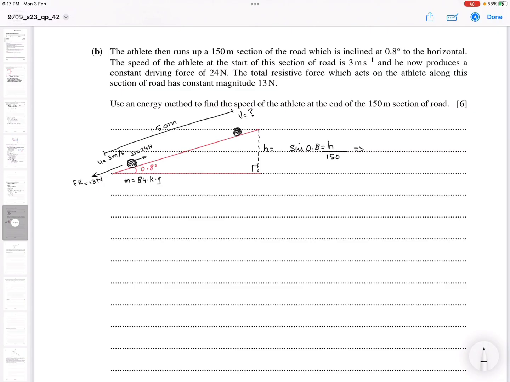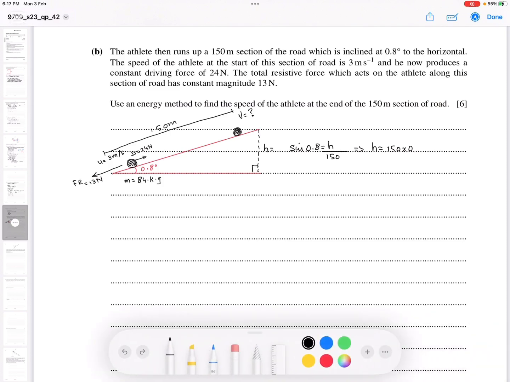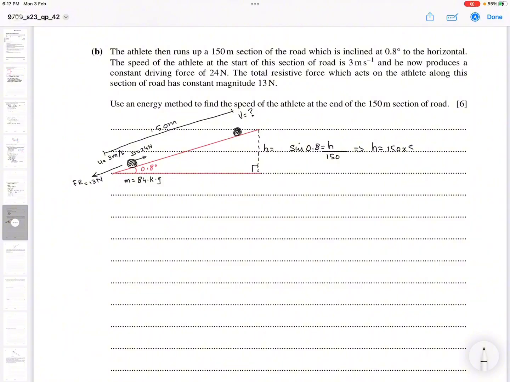This gives me h equals 150 into sine of 0.8. And this gives me 2.1 meters height. So now let's try to solve it.